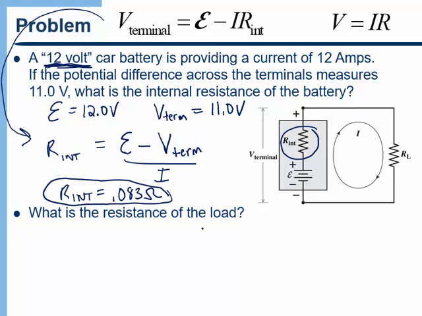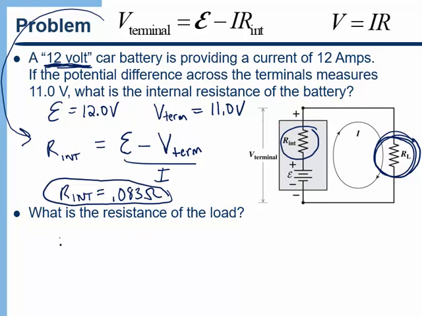In terms of what's the resistance of the load, in other words, what is the resistance of what's connected to it? Again, this concept of a load just means the total resistance of what you're connecting to the battery. Okay, so to figure that out, what we want to notice is that the voltage across our load is the terminal voltage.